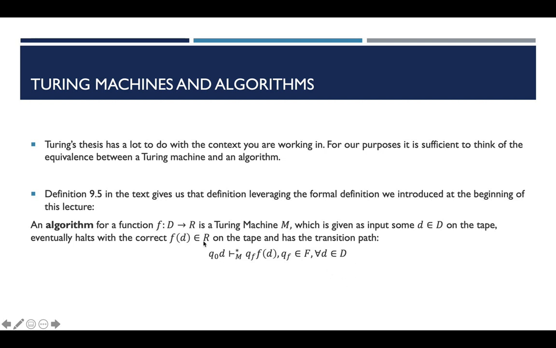So this is not only a function that takes some domain element and maps it to the range, it's also a complete function. There doesn't exist some element of d that I can't derive the correct mapped range value for.